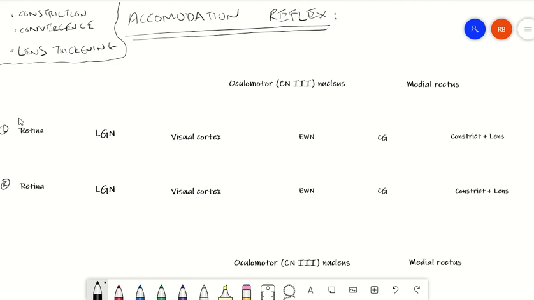So that's why we use the visual cortex in this pathway. Impulses from the retina reach the lateral geniculate nucleus this time. In the light reflex, remember that they go to the pretectal nucleus, but in the accommodation reflex, they go to the lateral geniculate nucleus in the thalamus. And fibers from here reach the visual cortex.